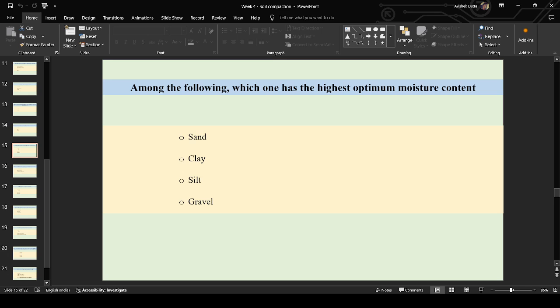I repeat the question. Among the following, which one has the highest optimum moisture content? First option is sand, second one is clay, third option is silt, last option is gravel. Okay. Next question.